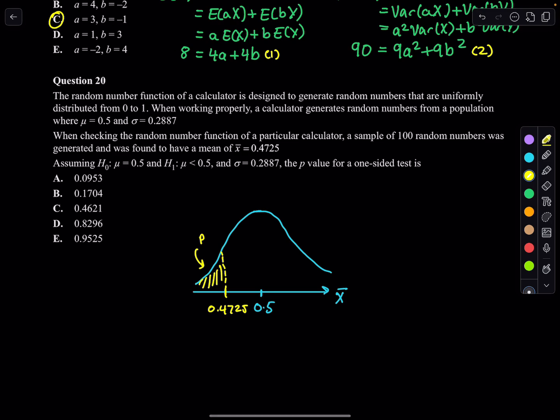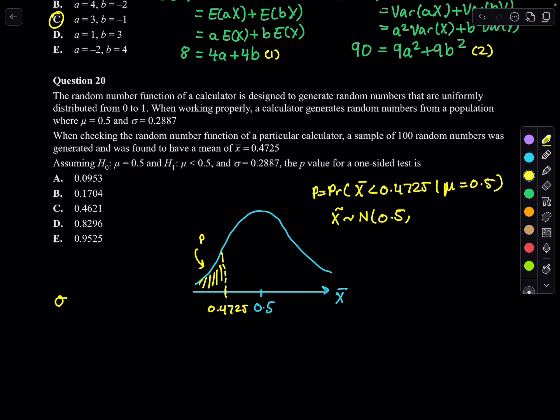The p-value is the probability that your x bar is actually less than 0.4725, given that your mean is actually 0.5. That's your p-value. So we can now be careful. X is normally distributed, where the mean doesn't change, so 0.5, but your standard deviation changes.